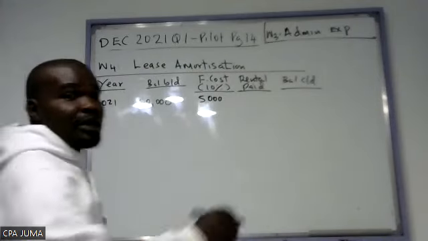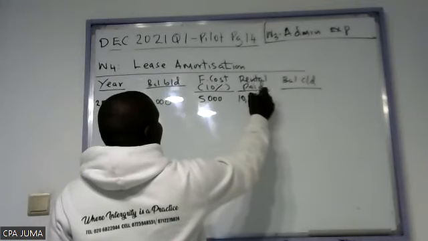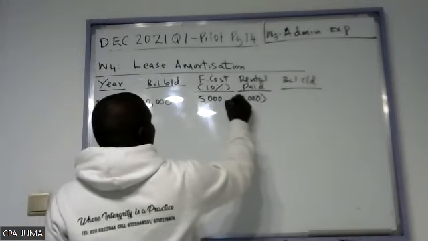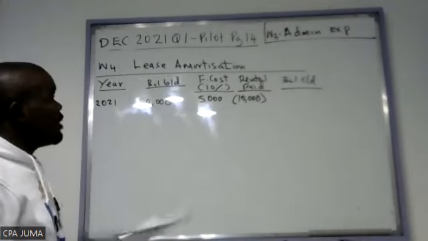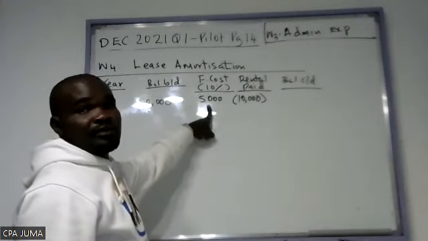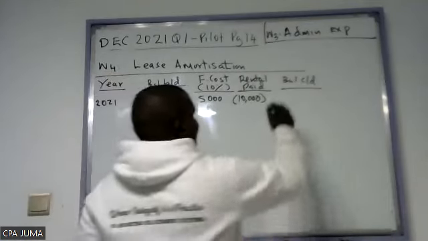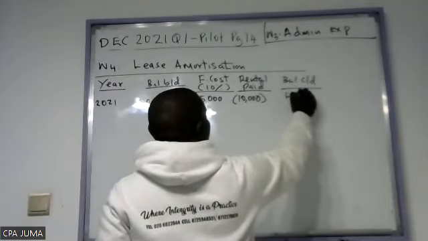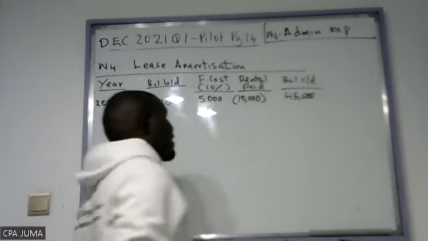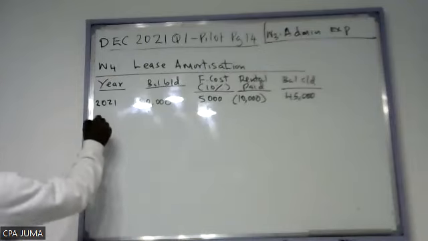Rental, every year they were paying 10. So balance carried down will be 50,000 plus 5, which is 55, minus 10 to get 45. Get 45,000.